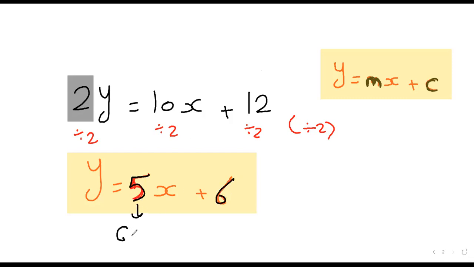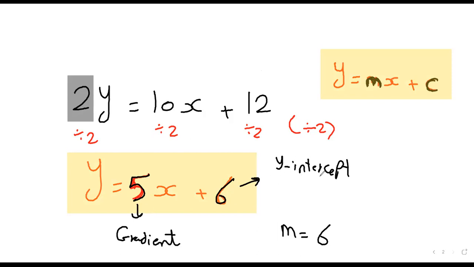The gradient, we write it as m, so m equals 5. And the y-intercept, we call it c, so c equals 6.